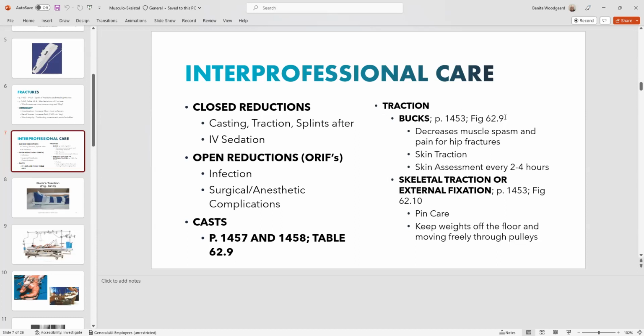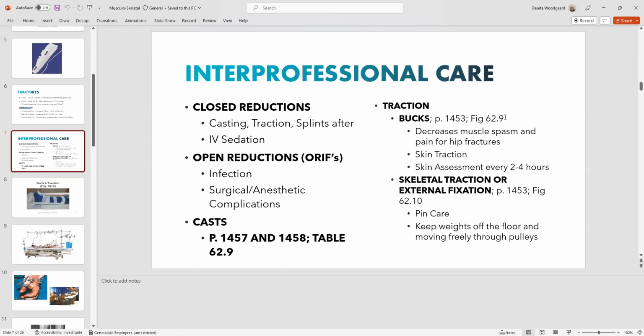It has pulleys attached to it, in which you can attach weight, and it pulls that leg. That hip fracture leg is usually shorter than the other leg, and it's usually externally rotated. So we can put that around, and we pull it out straight. And if you can do that, it immobilizes that joint area in the hip, and again, can prevent any kind of neurovascular injuries. It also helps prevent spasm.